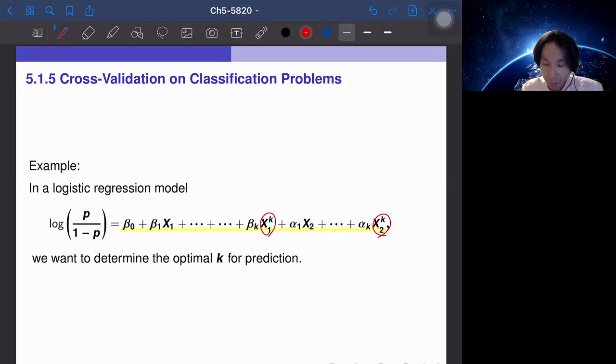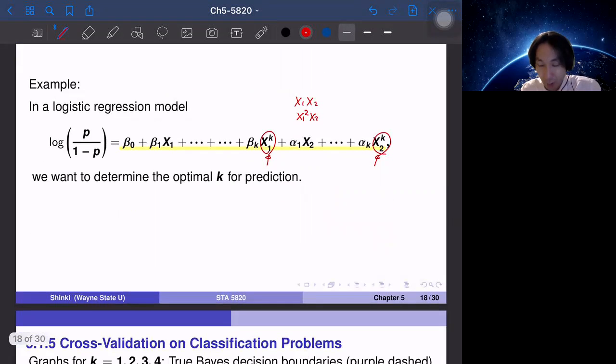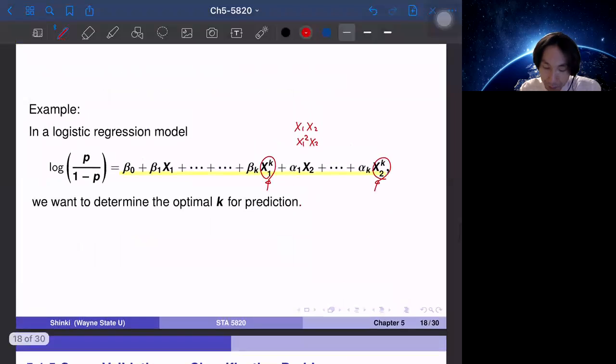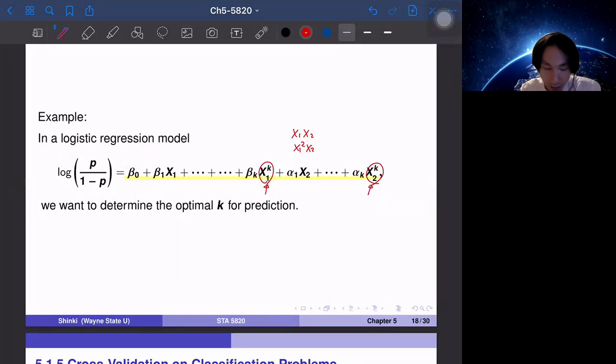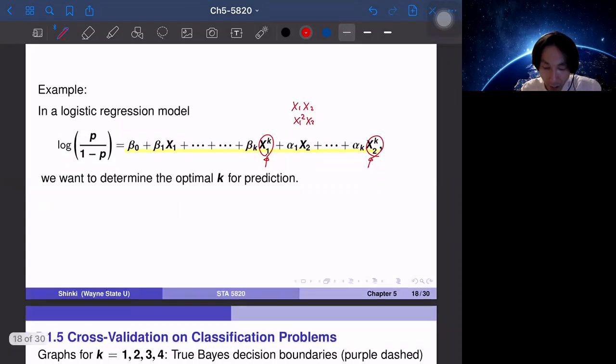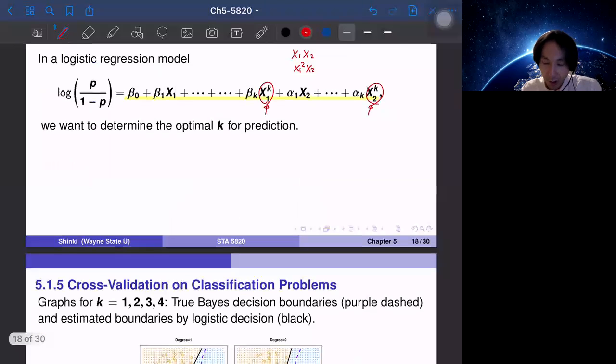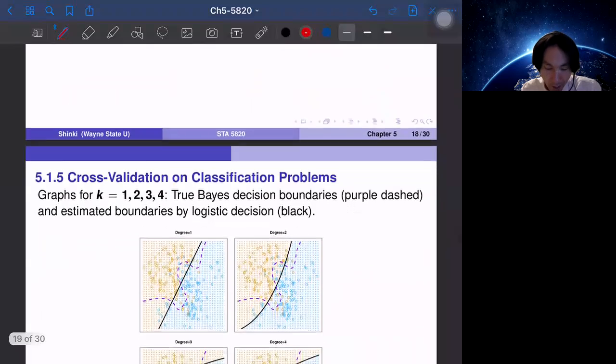But actually, if we include these higher order terms, and also sometimes the interaction terms, x1 x2, or x1 square, x2, and so on, it performs better than other models, such as support vector machines or tree methods. So to improve the model performance, these higher order terms are especially important, especially the square term, the cubic term, and so on.